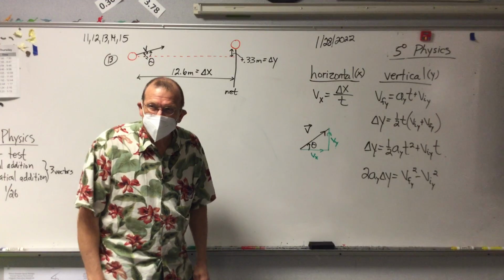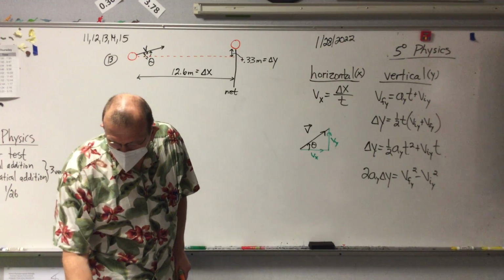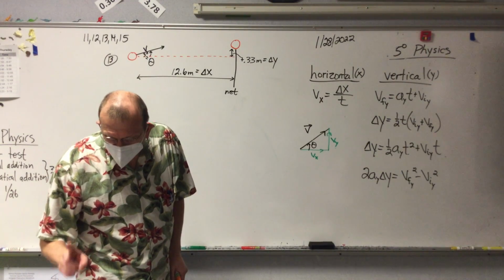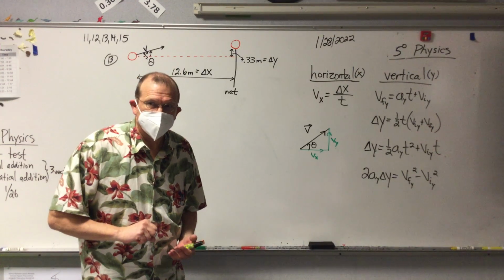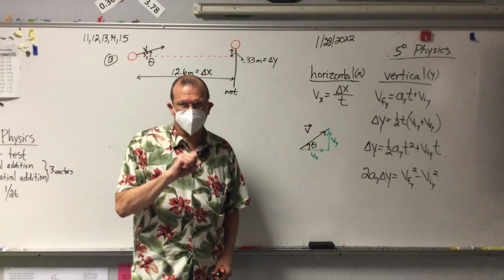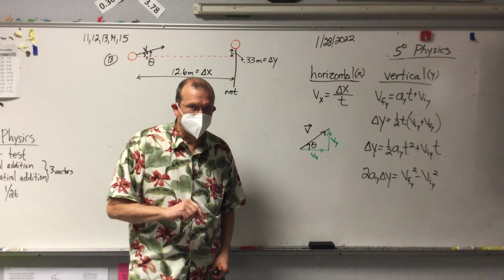There's one other piece of information, and it comes out of the description. The ball just clears the net at the apex of its trajectory. Does anybody know what additional variable that gives us? It means it's a quadratic, so it's -9.8.